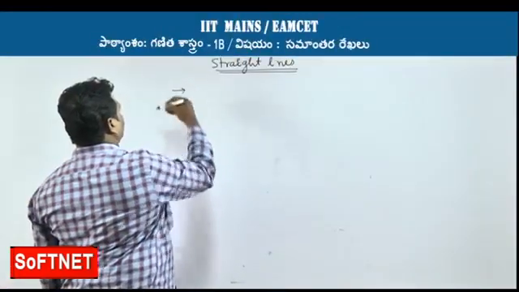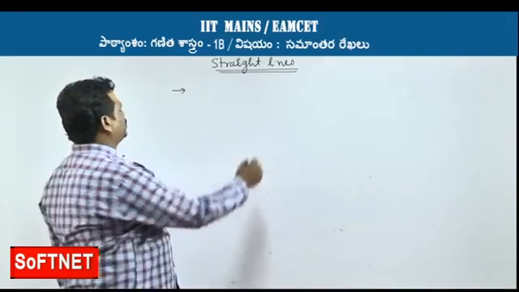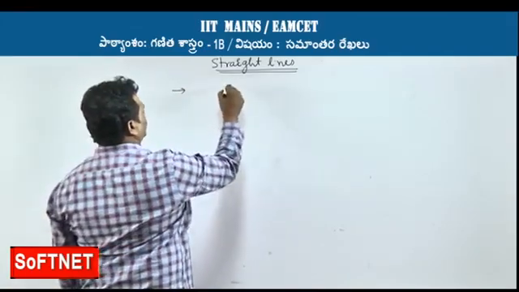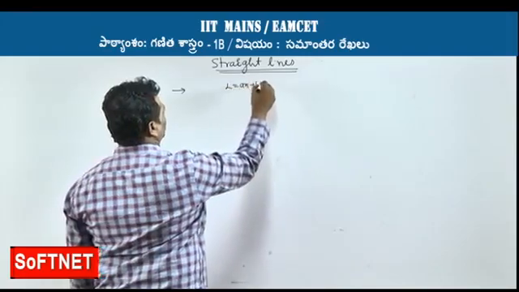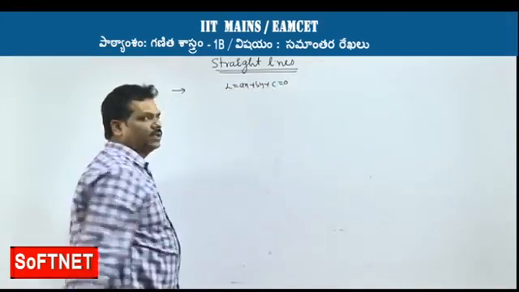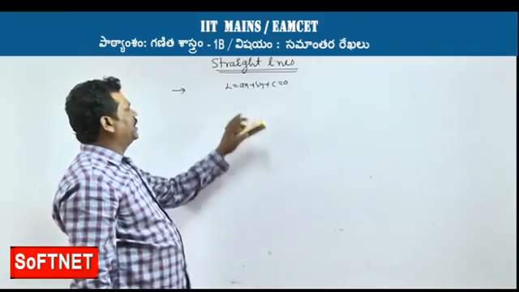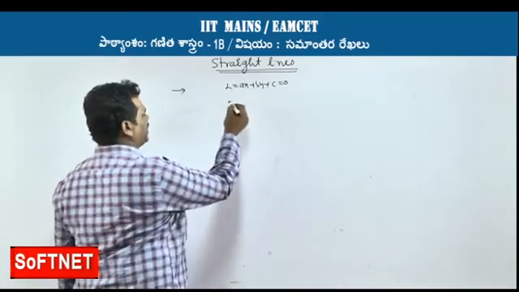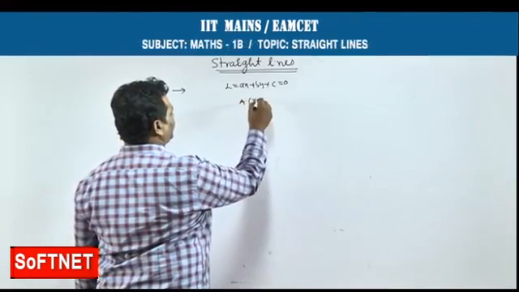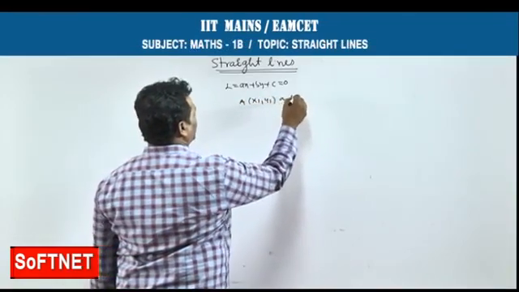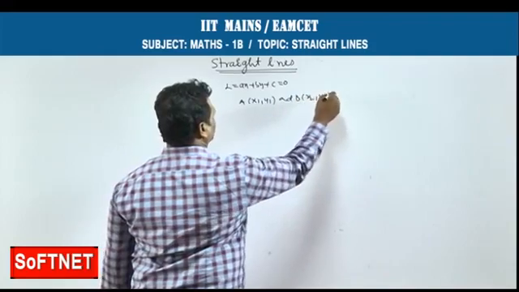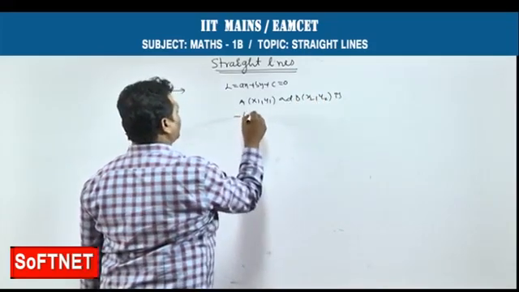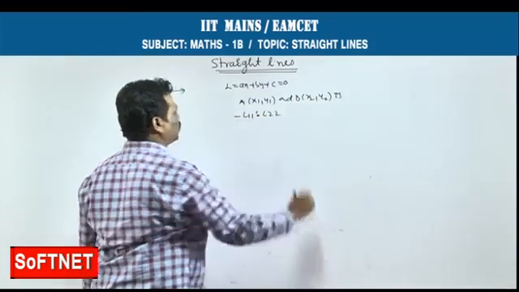The next point is the ratio in which the line L equal to ax plus by plus c equal to 0 divides the line segment joining the points A of x1 y1 and B of x2 y2. It is minus L11 is to L22. What are L11 and L22?